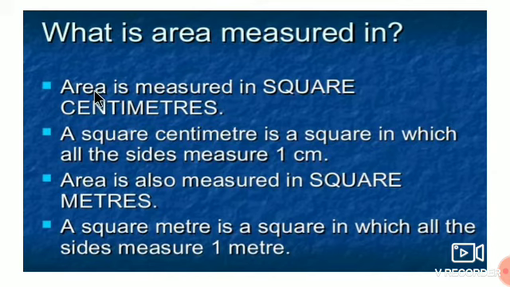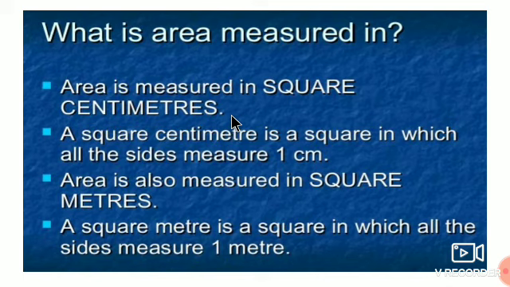Now how to measure the area and how to express it? Area is nothing but the occupied space by the object or that shape or figure. Here the unit to measure the area is the square centimeter or square meter or square feet or square inch.